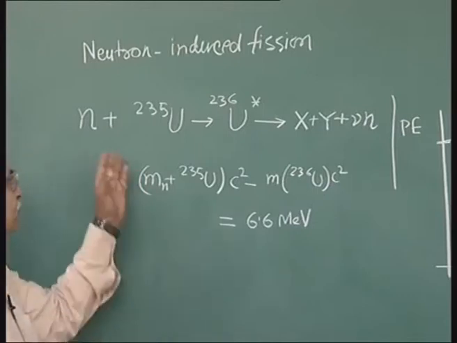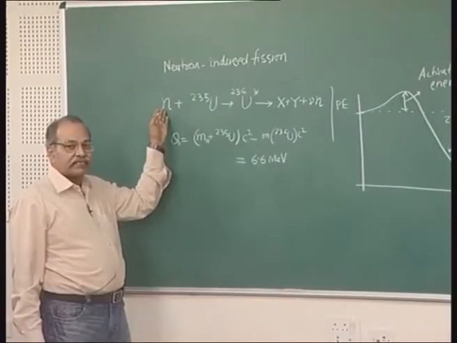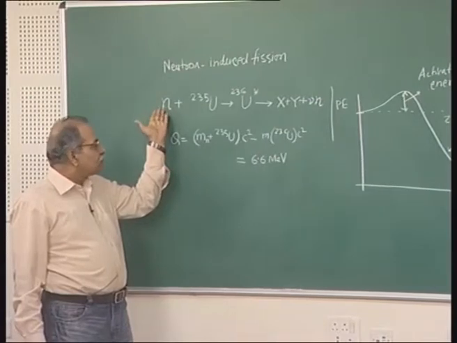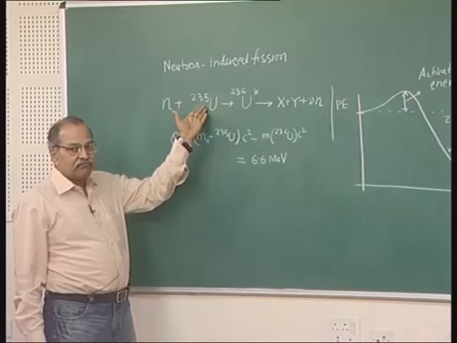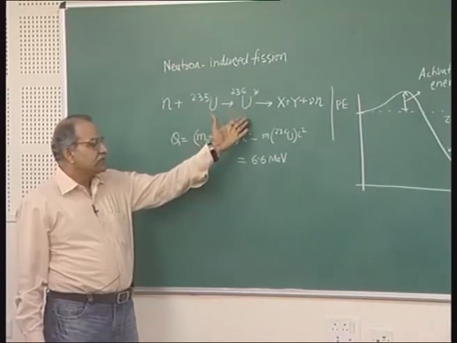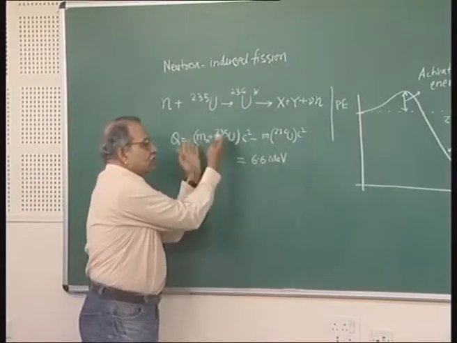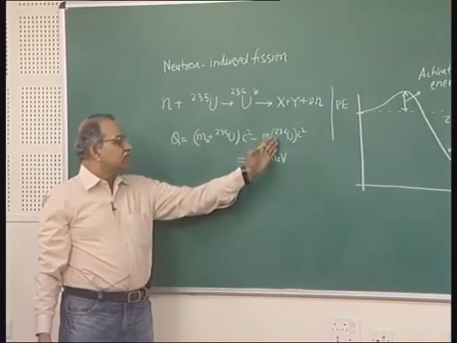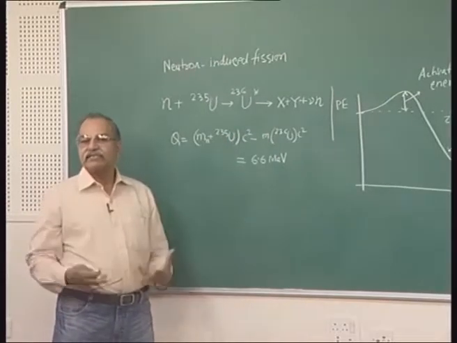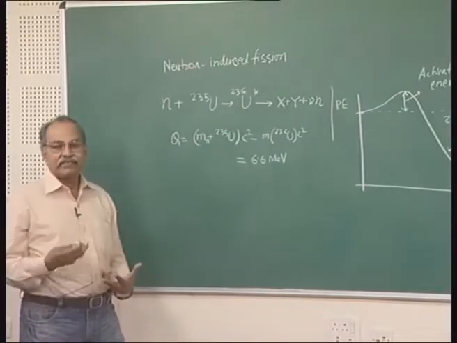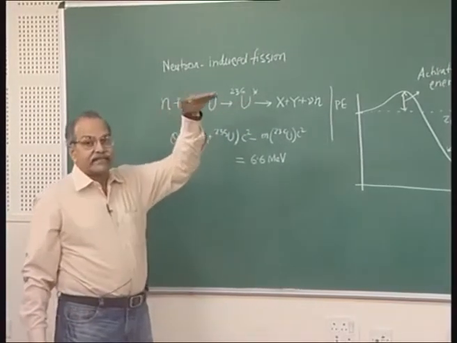So, if you send a neutron with almost 0 kinetic energy, and this neutron gets absorbed into uranium 235, making uranium 236, then that extra energy, that reduction in the rest mass energy, will appear as excitation energy of this 236, and this uranium 236 will be prepared in that excited state.